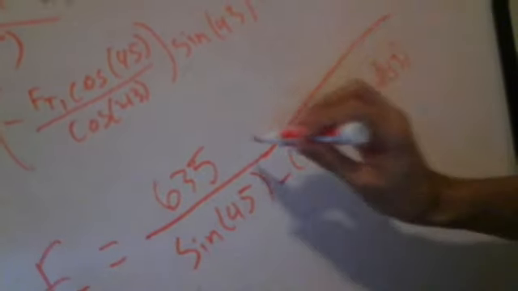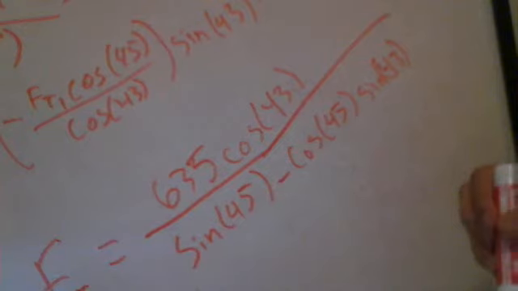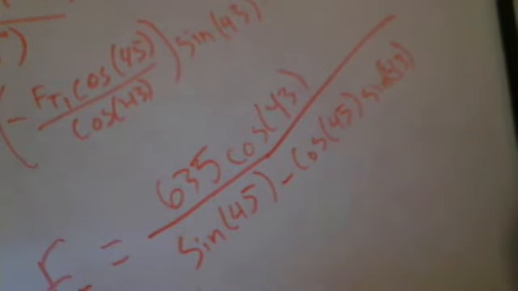It doesn't matter how you plug it in, cosine of 43, as long as you get the right answer. 635 cosine 43 divided by, hopefully I get the right answer. Either that or I'm 9 degrees off. I'm so tired I can't think of whether I need those 9 degrees or not.